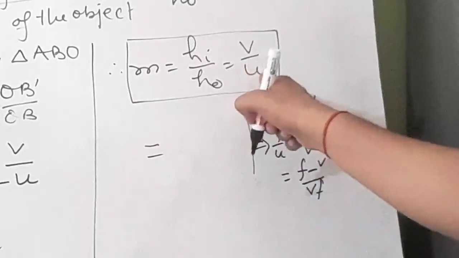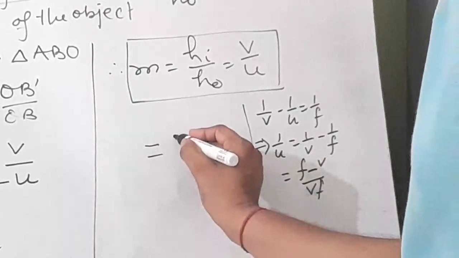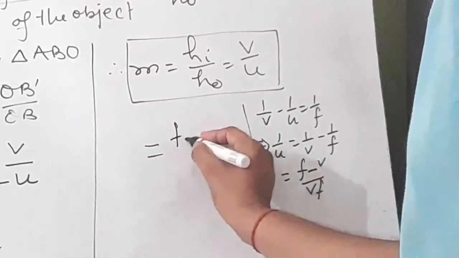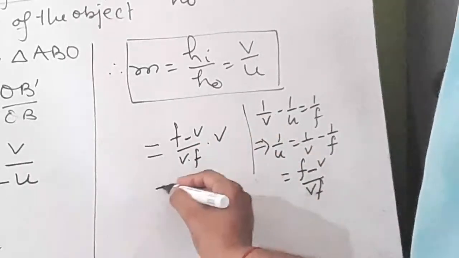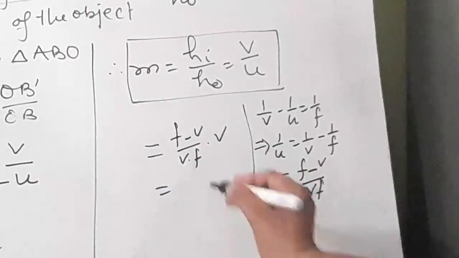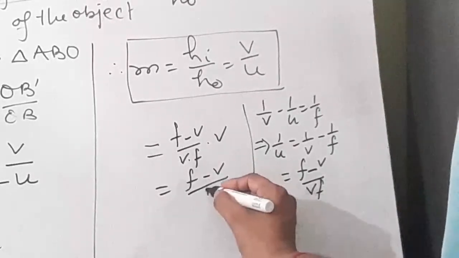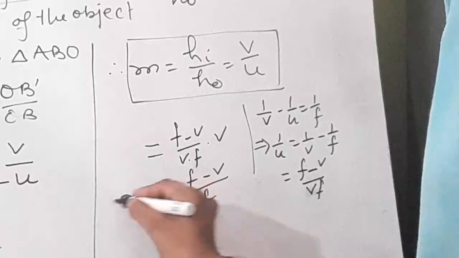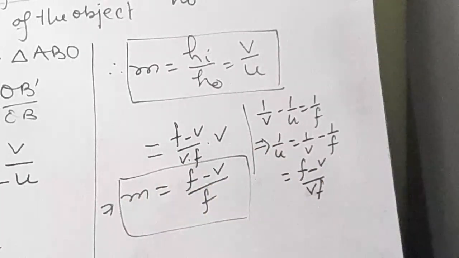So in place of 1 by u, you can put f minus v by vf. It will be f minus v by vf into v. You see v and v will be cancelled out, and you will have f minus v by f. This is the formula for magnification in terms of focal length and image distance.